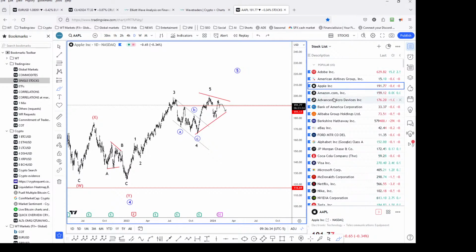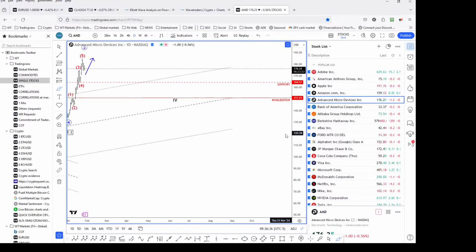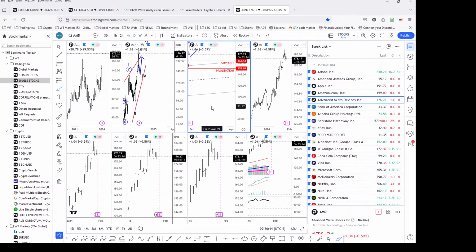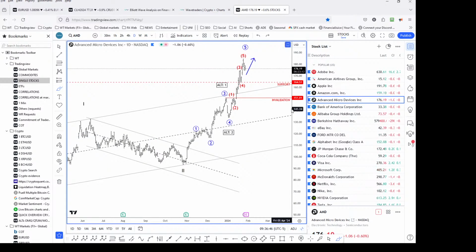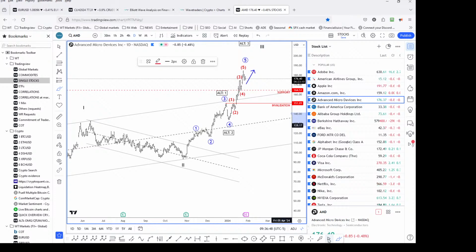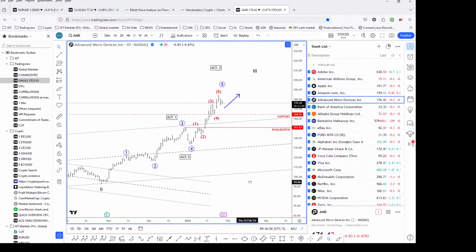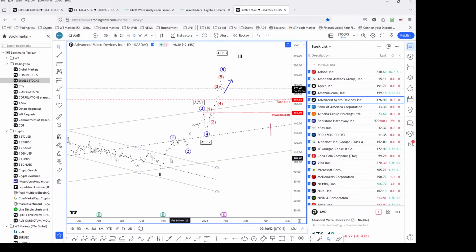We just try to scan for some others as well. So this one, Advanced Micro Devices, AMD, is also very interesting. So we have a very nice potential bullish impulse in progress, right?